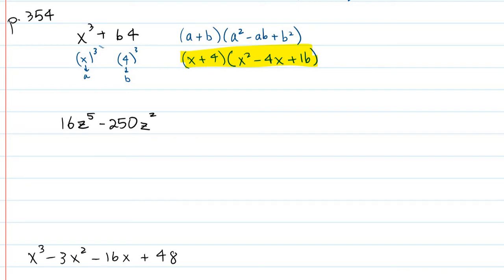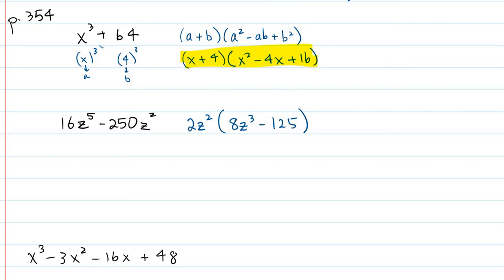16z to the 5th minus 250z squared, there is a GCF again. Why do I keep using these? But our GCF in this case is 2z squared, which leaves me with 8z cubed minus 125. I've only got two terms.